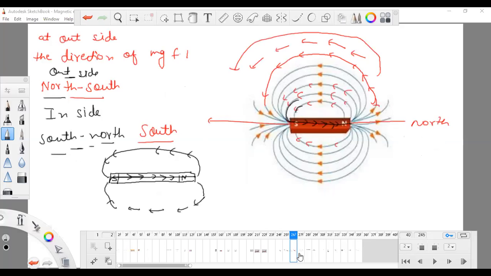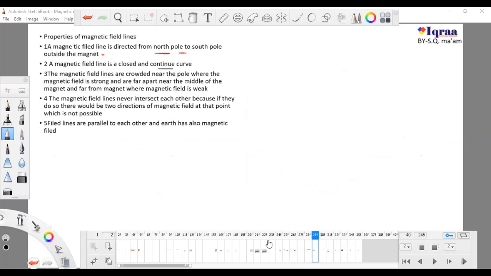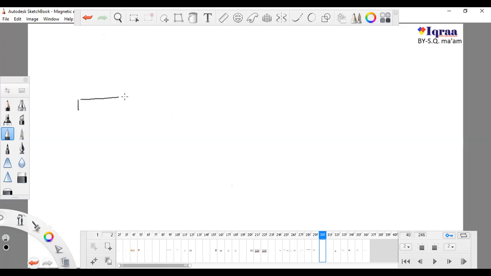Okay. Now the next point: the magnetic field lines never intersect each other, because if they did, there would be two directions of magnetic field at a point, which is not possible. This is a very important point. These are two magnets, and these are their corresponding poles.